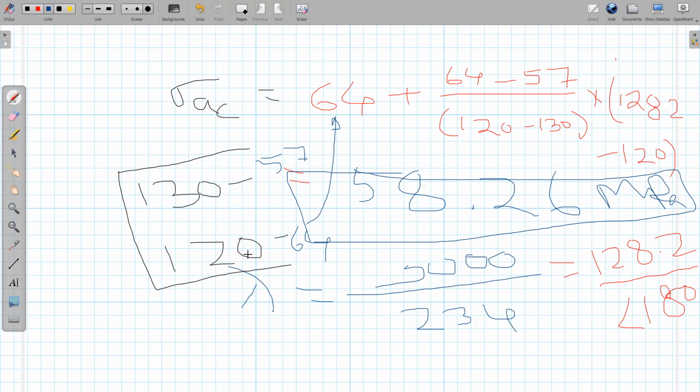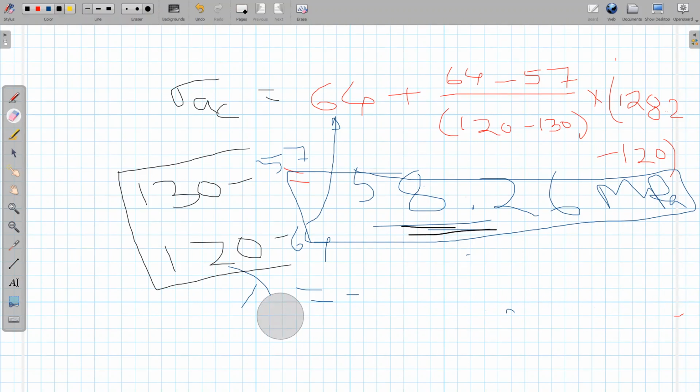I have written minimum lambda, so the corresponding sigma SC is 64 minus 57, multiplied by a bracket with the target value 128.2 minus the minimum lambda 120. Do the calculation, and this gives you 58.26. So that is our required sigma SC value.